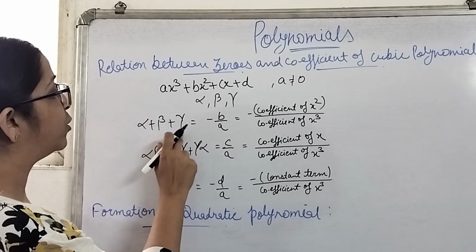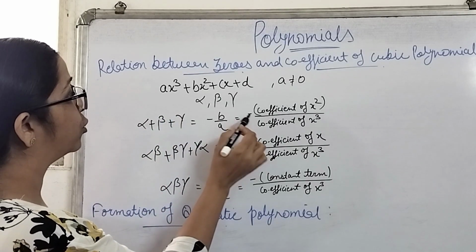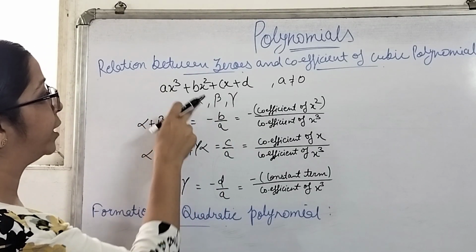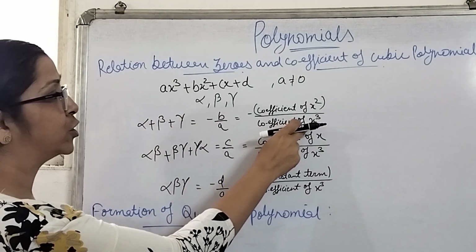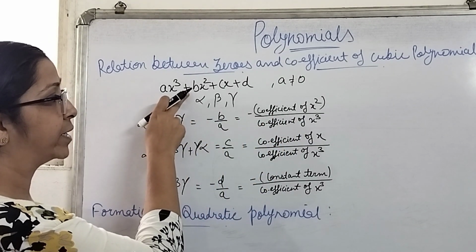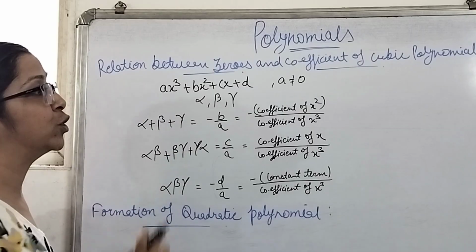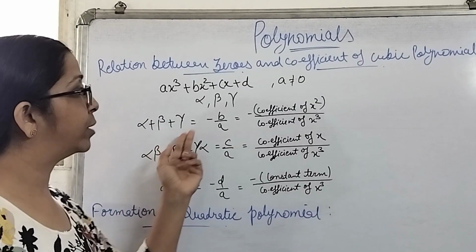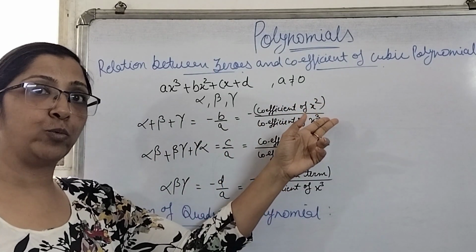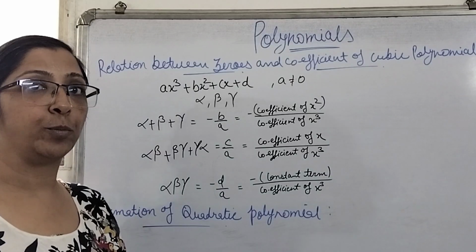That means the sum of the zeros will be minus of coefficient of x square over coefficient of x cube.